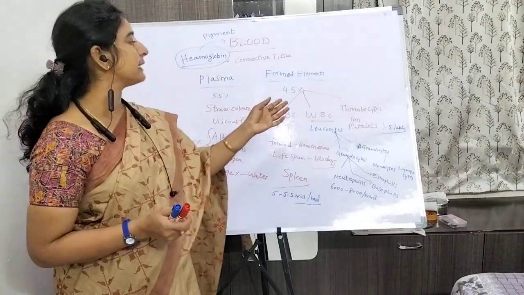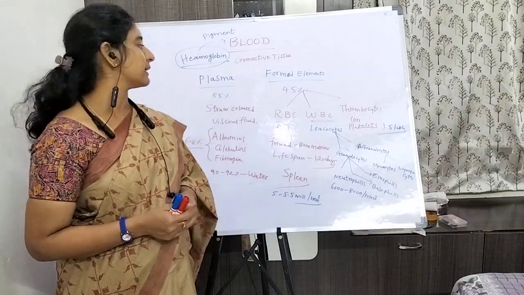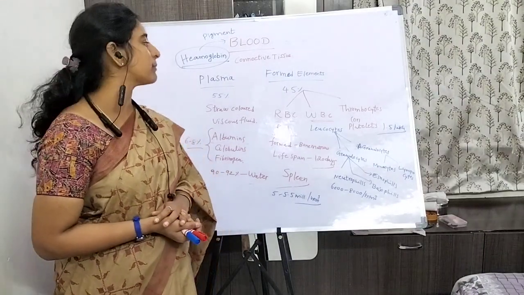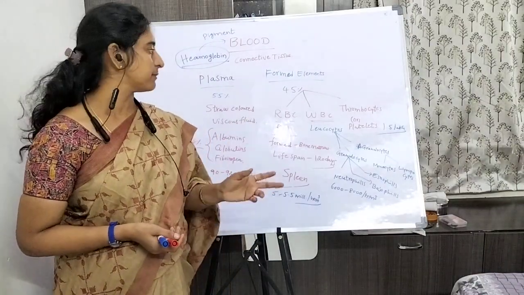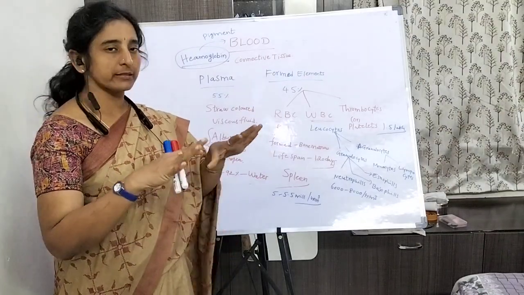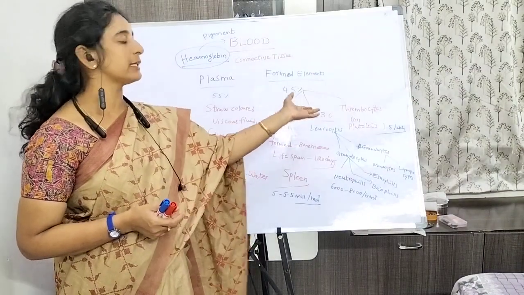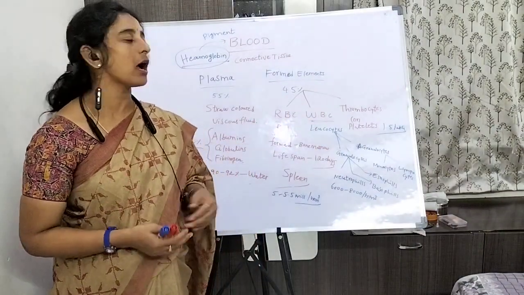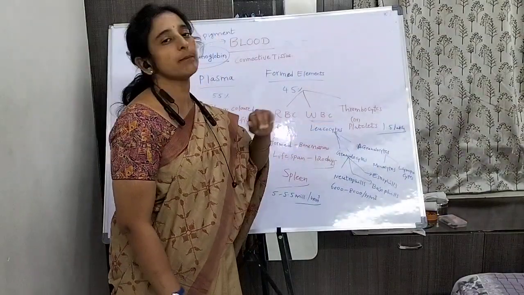At that time it secretes different types of proteins, that is fibrinogen and prothrombin. These fibrinogen and prothrombin, in the presence of enzymes, form a mesh-like network. That is automatically responsible for the coagulation of the blood, by the thrombocytes or platelets.